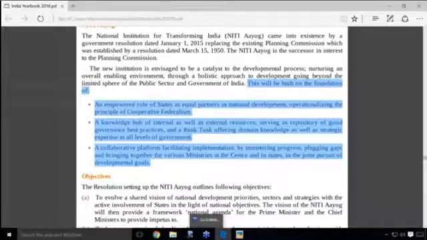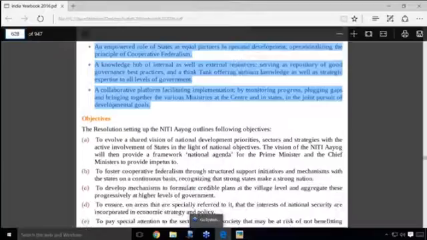But the NDC is not present at the planning level. Planning is done by someone, only approval is done by them. So in Niti Aayog, the main ambition is to ensure that the states should be involved at the planning level itself. So for that, they wanted to go for this.